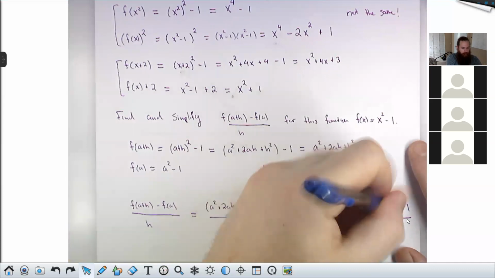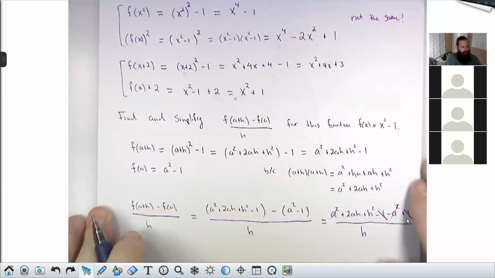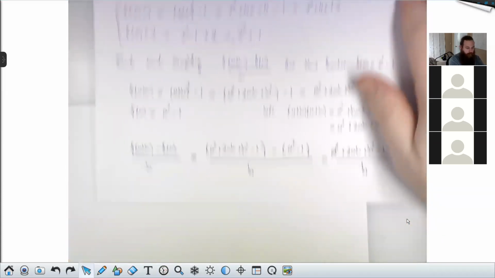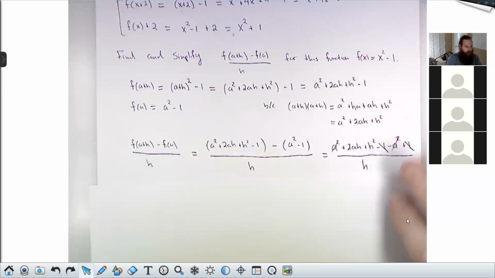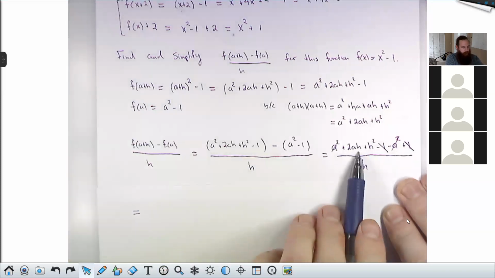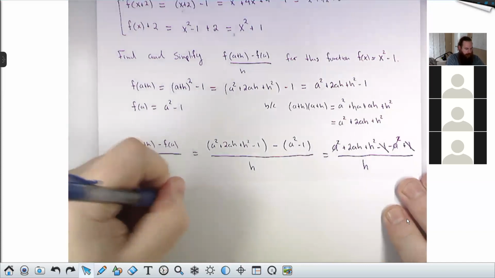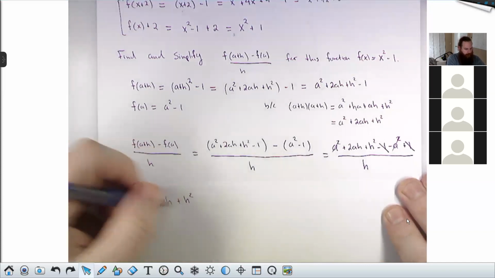So these go and these go. So what we get, the stuff that survives, I've got 2ah plus h squared all over h.